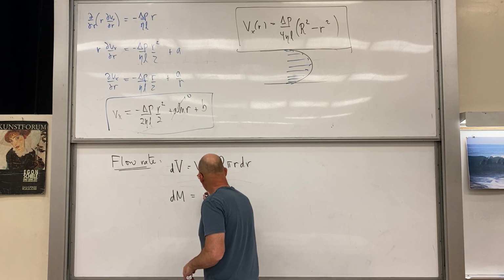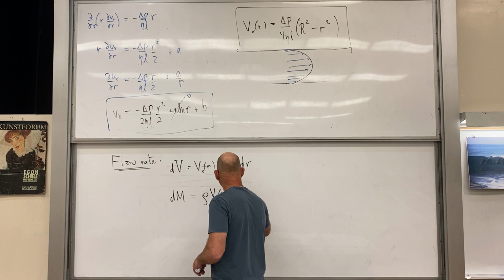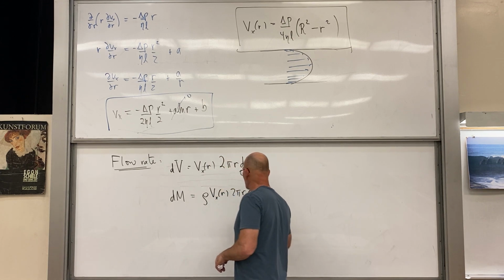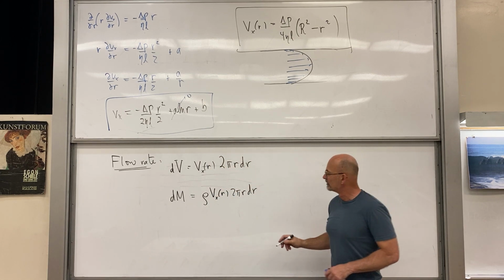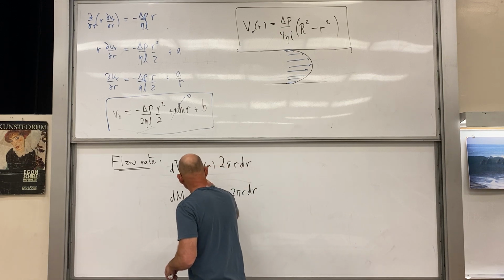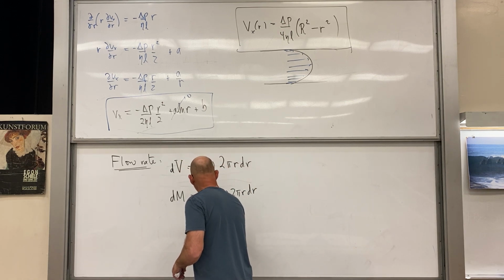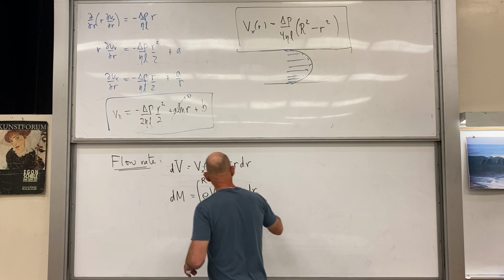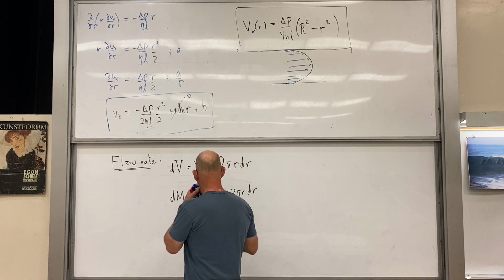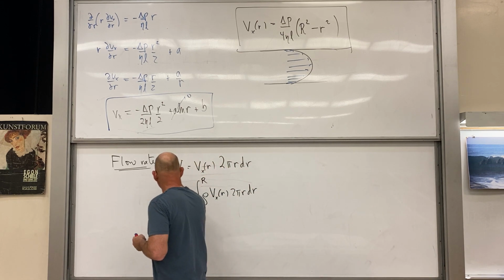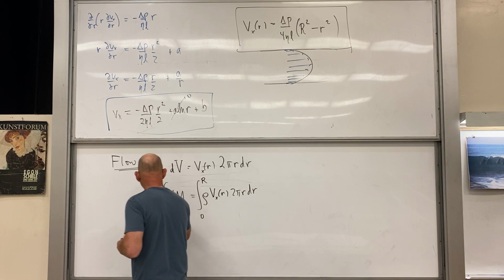We're going to have to go rho times Vx of r, 2 pi r dr. So we're after the mass flow rate. And that'll just be integrated from 0 to capital R. So integral dm.